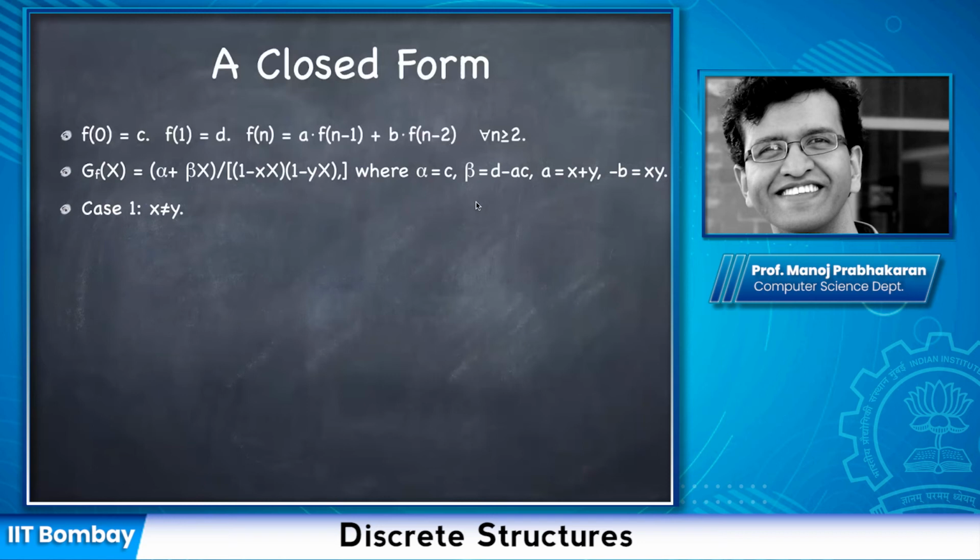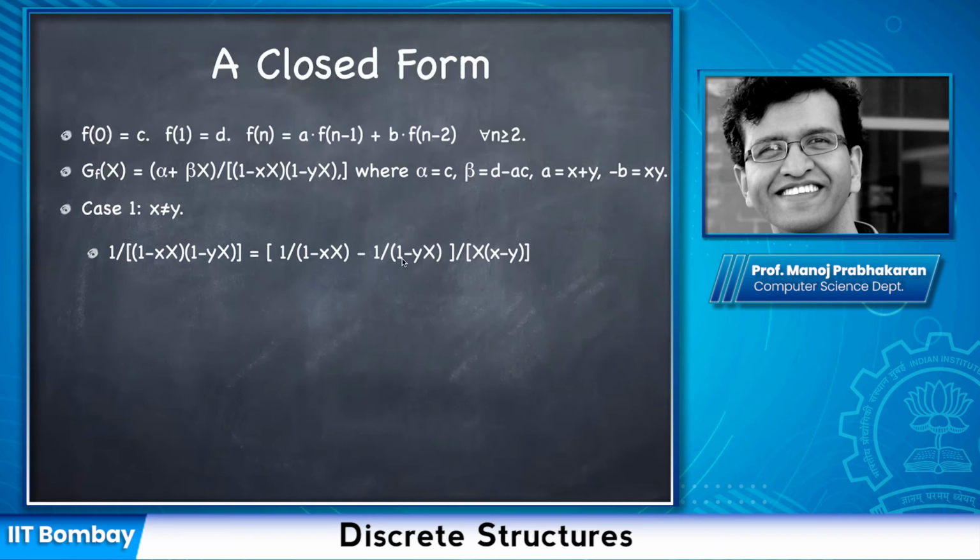So let's first consider the case when x is not equal to y. In this case, I will factorize 1 divided by 1 minus xX times 1 minus yX in this form: 1 divided by 1 minus xX minus 1 divided by 1 minus yX.